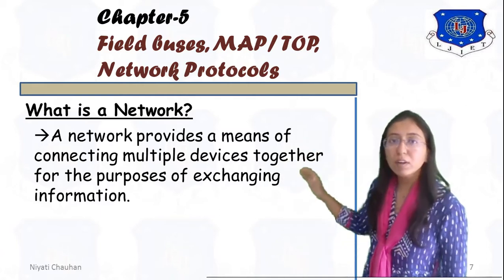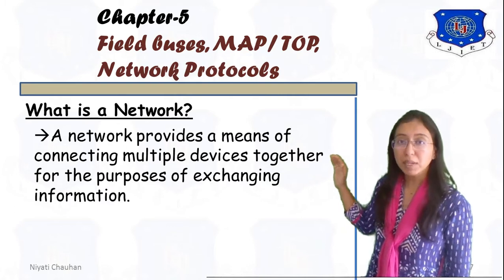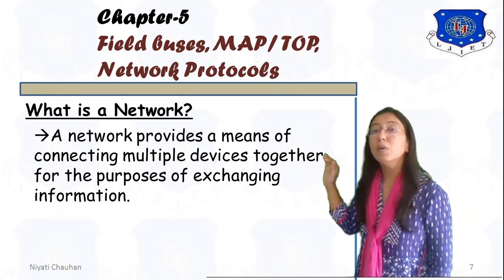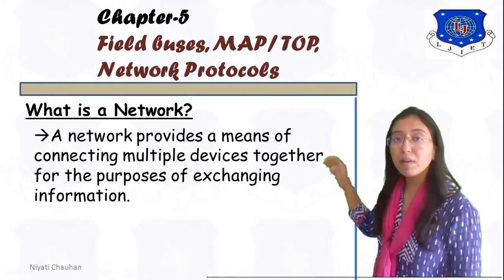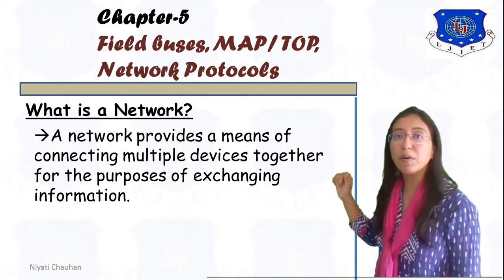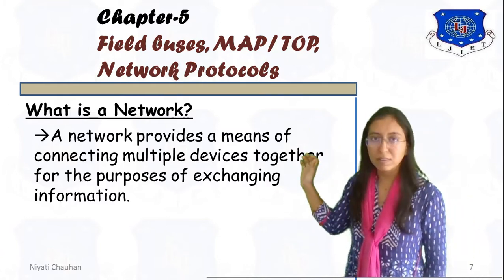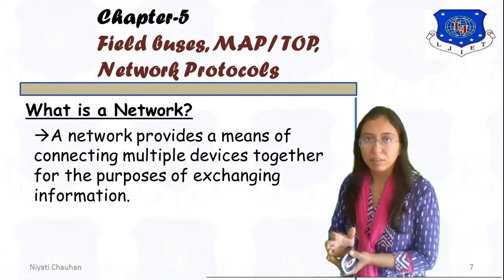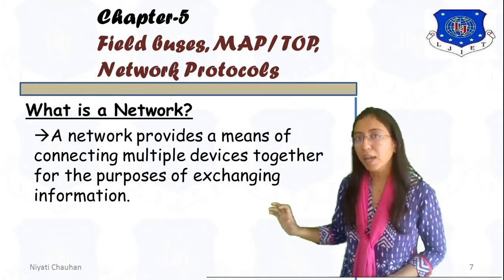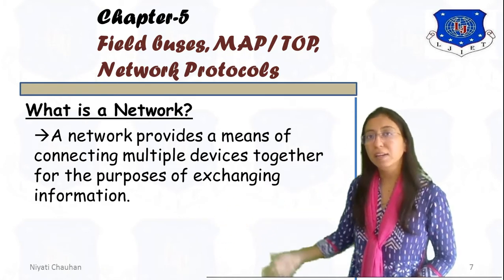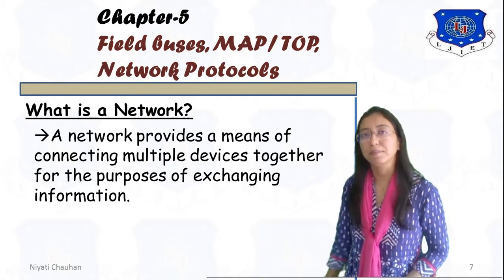A network provides a means of connecting multiple devices together for the purpose of exchanging information. Okay, so multiple devices we are connecting together and we can exchange information, and it's called a network.